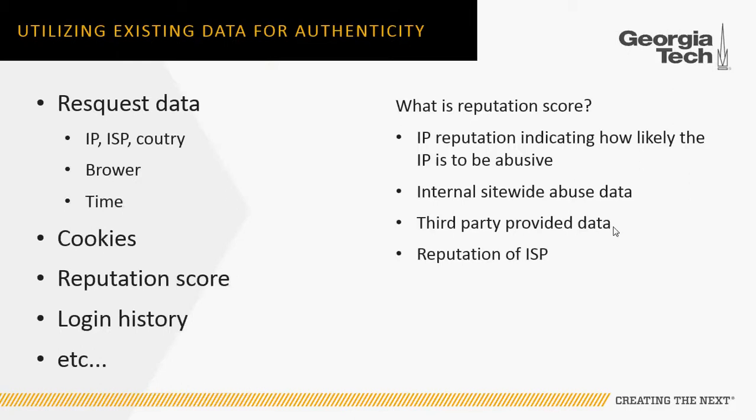Another important aspect is browser data, which browser you use. If a user usually logs in from Chrome, and he tries to log in from IE, then there needs to be additional verification. Also, the time of the login. For example, if it's 3 a.m. and the user is trying to log in, that's questionable.